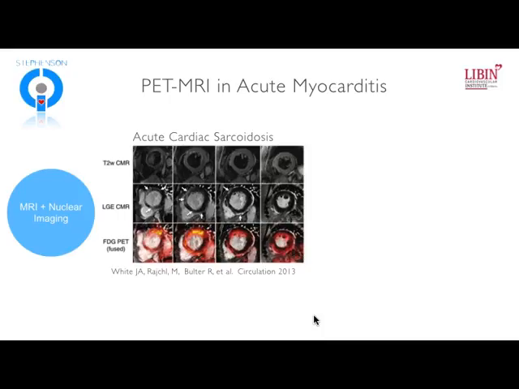And the other thing is the advent of PET MRI, and so this has become an exciting field. It's allowing us to now have hybrid scanners that afford simultaneous, spatially co-registered imaging of both MRI and PET tracers.